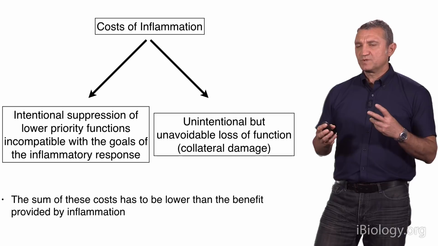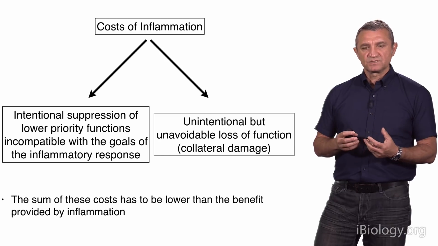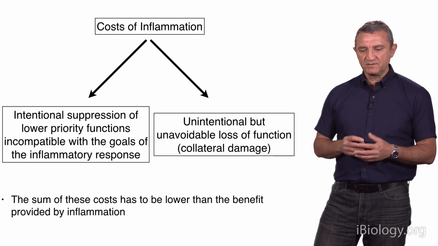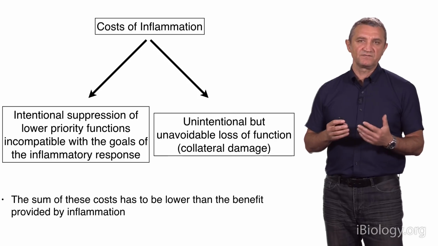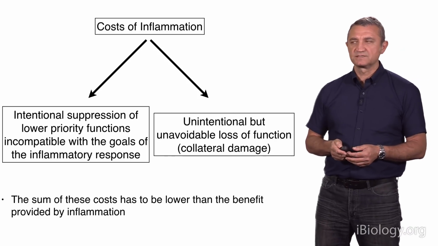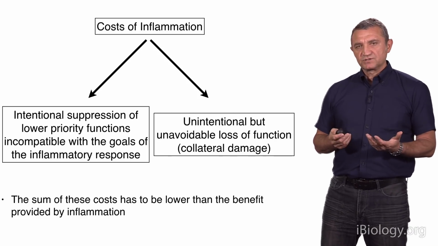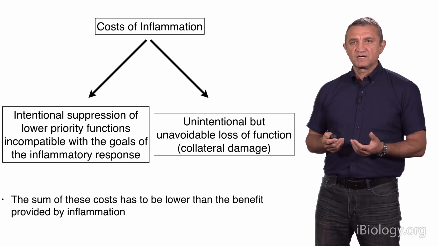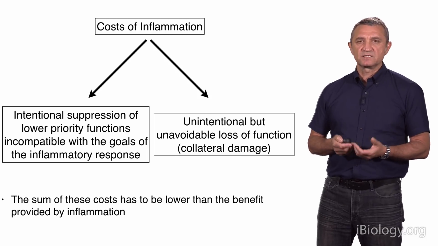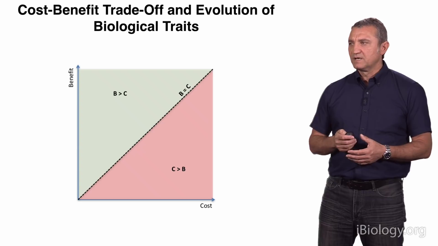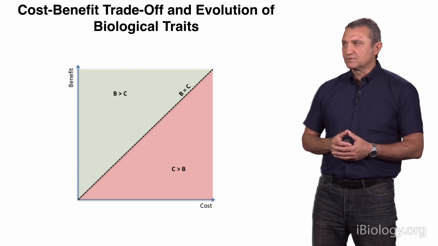This relation between the cost and benefit is what's really essential for understanding many biological functions and their deviations into pathological states. Every biological trait can be characterized by some benefit it provides and some cost at which it operates. This can be schematically shown as follows.